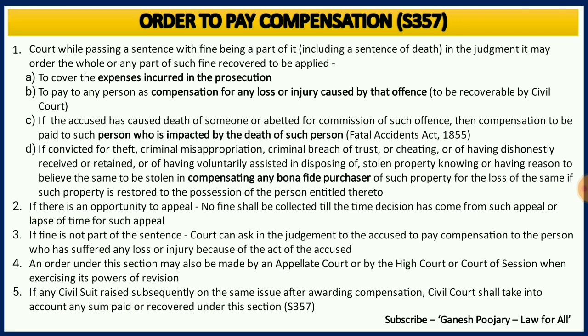In that case, the civil court shall take into account any sum paid or recovered under this section. So while dealing with such civil suits, the civil court should observe section 357 because it is going subsequent to the judgment which came under this particular section. That is very important. With that much information, I am concluding my session on this particular aspect.